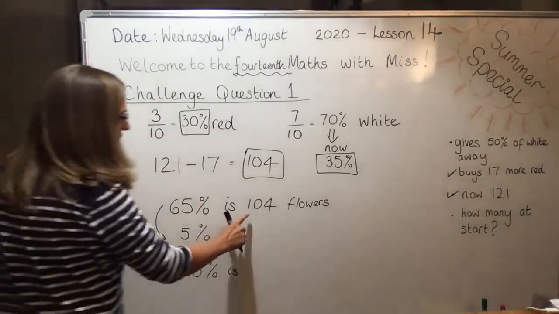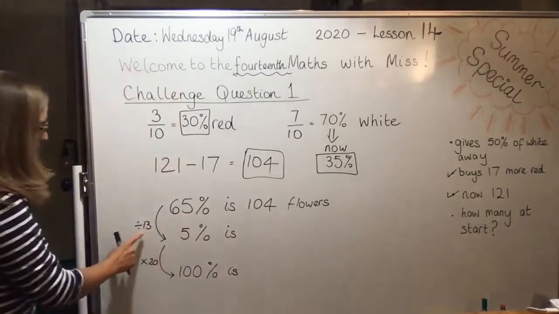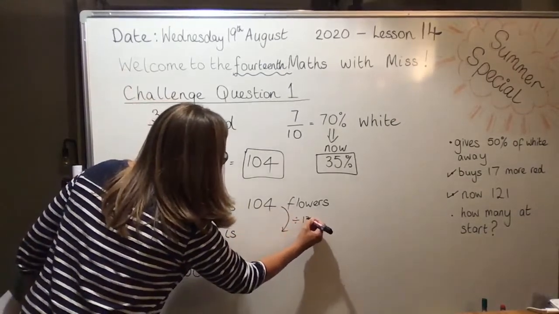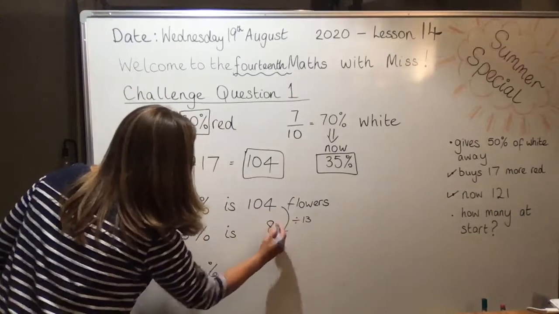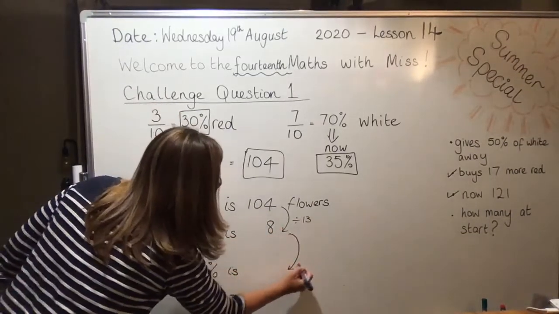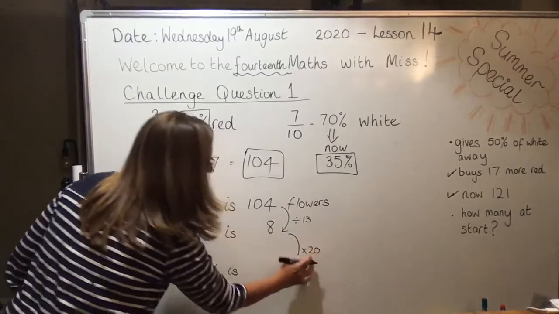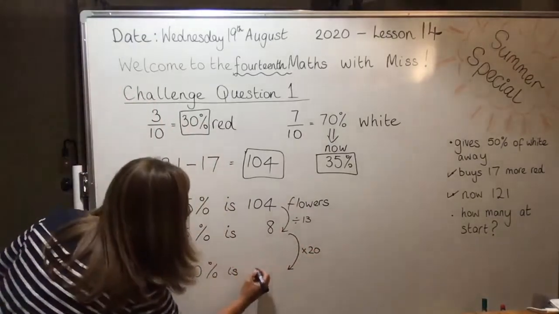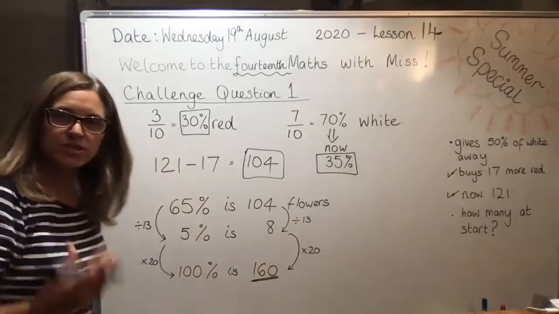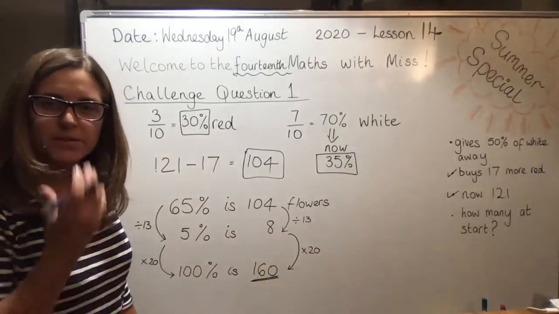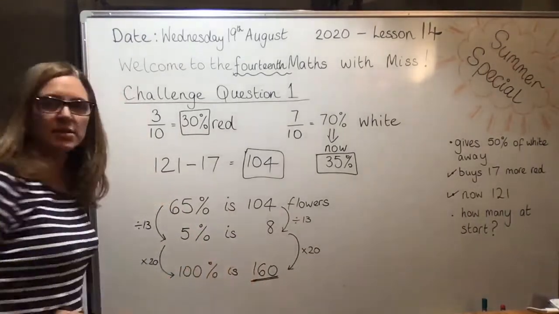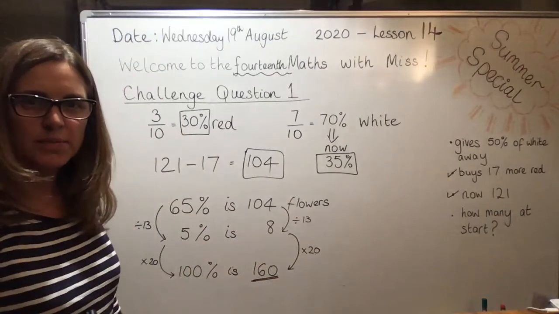So if I divide 104 by 13, that is going to give me 8. Okay? And now, if I multiply 8 by 20, I'm going to get 160. So the original amount of flowers that we started with, the 100%, is 160.